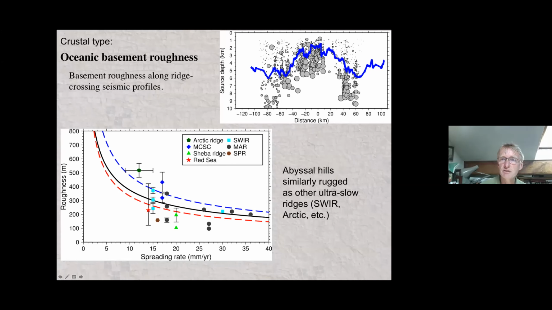It's difficult to do because you have to choose a separation wavelength between the roughness and the morphology of this high, and the reviewers of this criticized us for that. So you end up with very large error bars. However, at least it's consistent. The value we get is consistent with other slow spreading ridges.